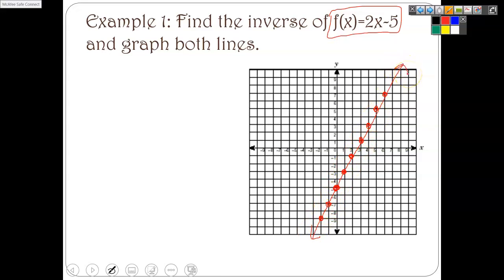And obviously it contains points at the intercepts, because a line contains every tiny minuscule point at every decimal place possible.